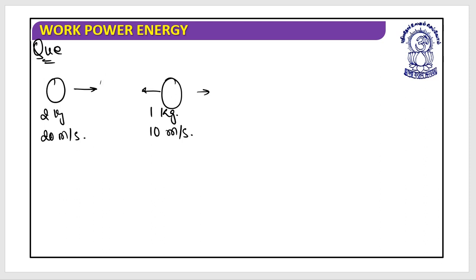Let me redraw this. Even after the collision, let's say that this one will be moving in this direction with v2, and this one in this direction with v1. I don't know whether I have chosen the correct direction or not, but let's suppose v2 moves in the positive x direction after the collision, and v1 also moves in the positive x direction.